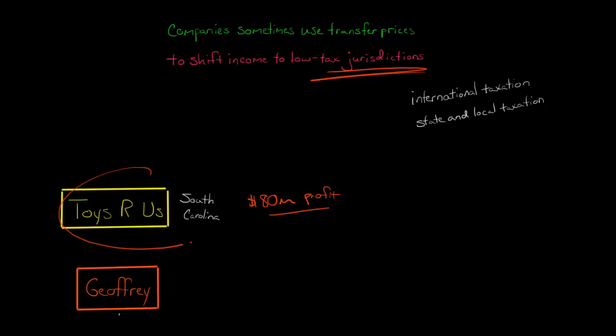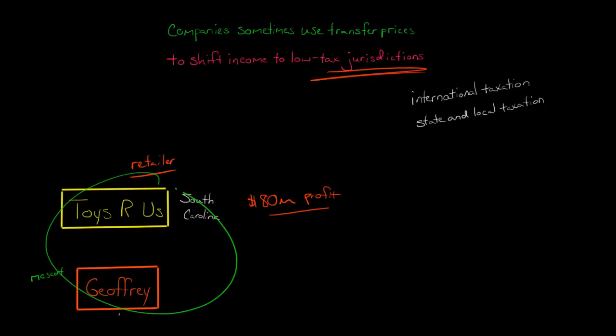Now, Toys R Us is a retailer with physical locations where they sold toys, but they set up another legal entity called Jeffrey. Jeffrey was actually their mascot, but they set up a separate legal entity called Jeffrey. They're all part of the same company, but they have these subsidiaries and different entities within the same company.